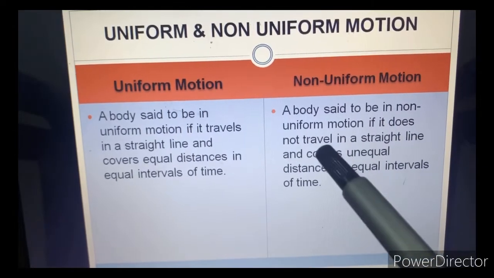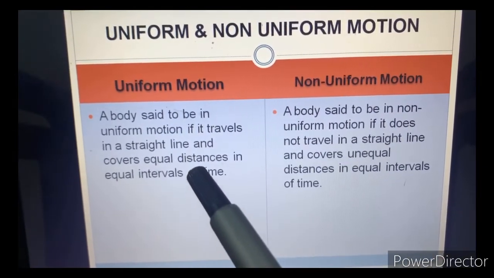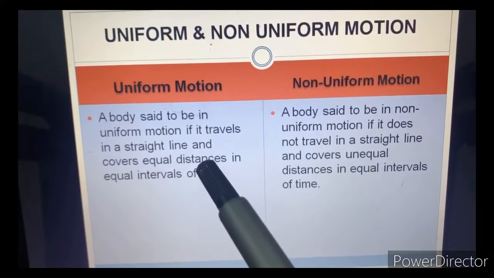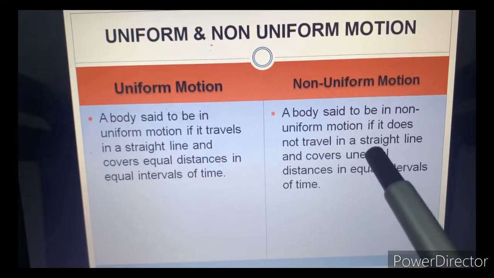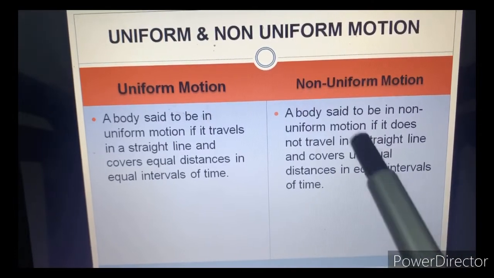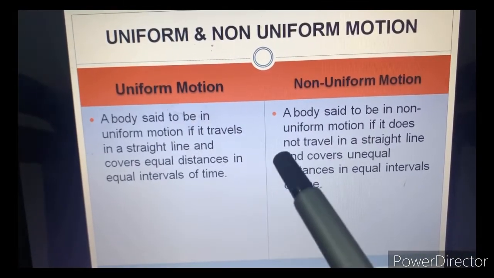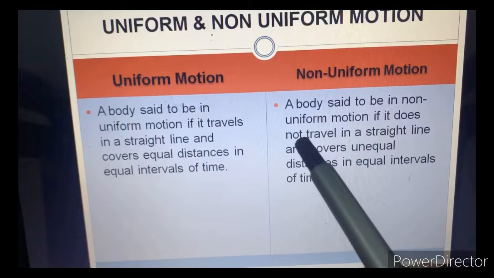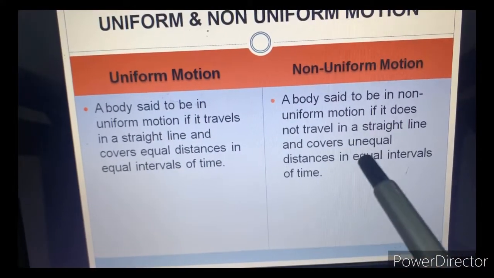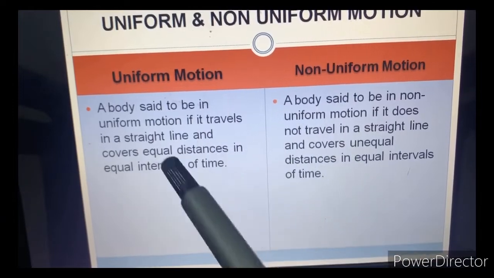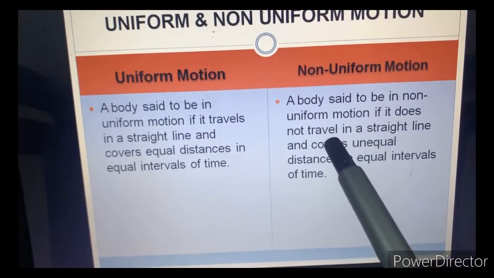So see the difference. Here it is 1000 in 2 minutes, and here it is 1500 in 2 minutes. This is how these two differ. In this, first, it does not travel in a straight line, and second, it covers unequal distances. So it is just opposite to uniform motion.